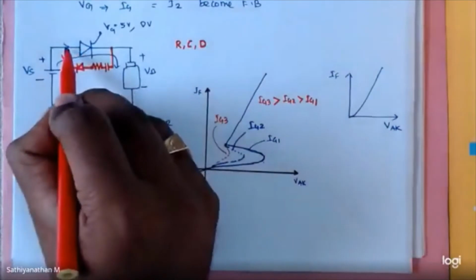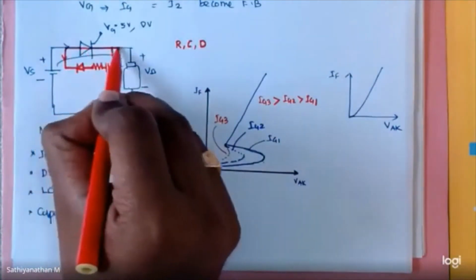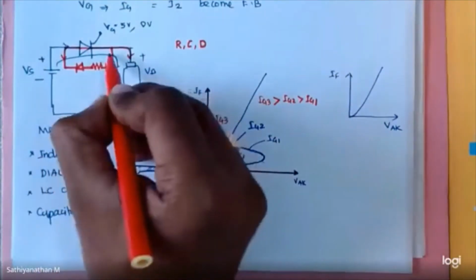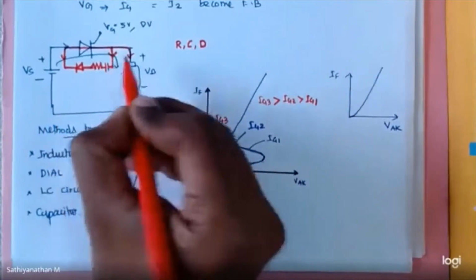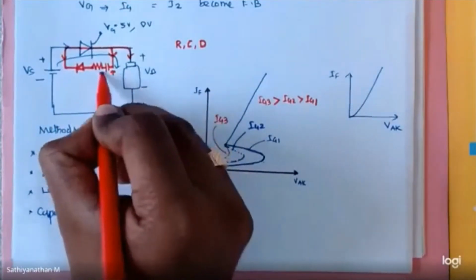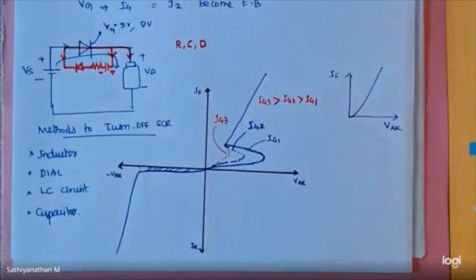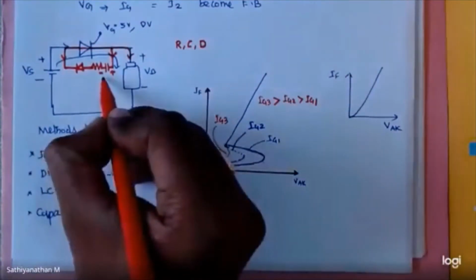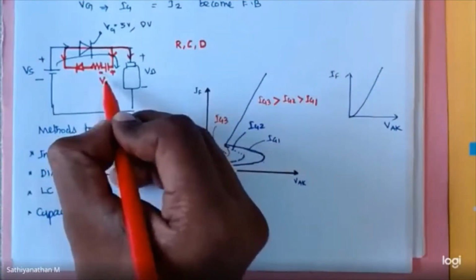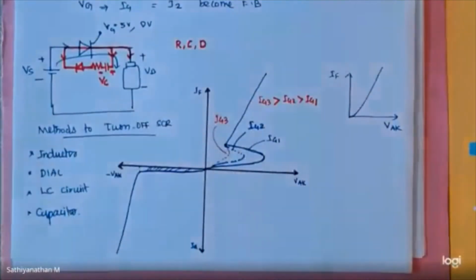Instead, the current will flow through this and it will charge the battery, as well as store the charge in the capacitor in this direction. Correct? So now the capacitor has some voltage magnitude, say for example, it is Vc.